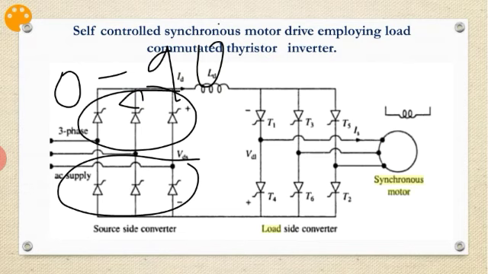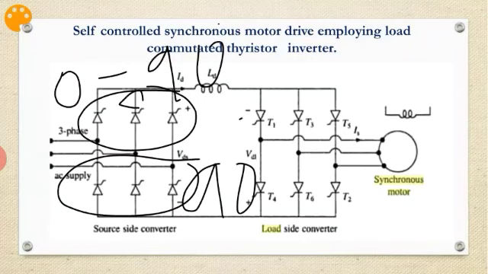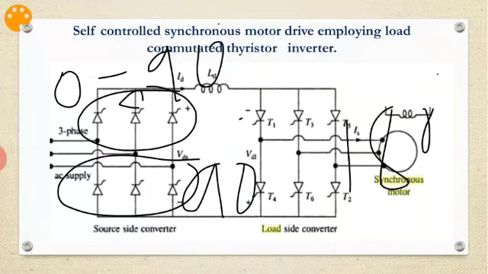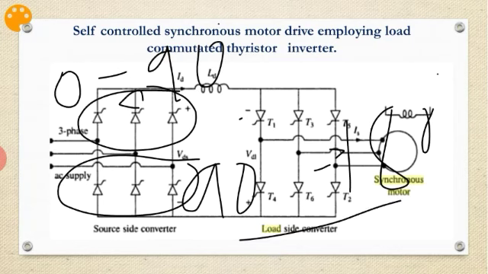Whereas when the angle is between 90 degrees and 180 degrees, it acts as an inverter. I already discussed this in module 2 when discussing DC controlled rectifiers, single phase and three phase. This point is very important to analyze this circuit.